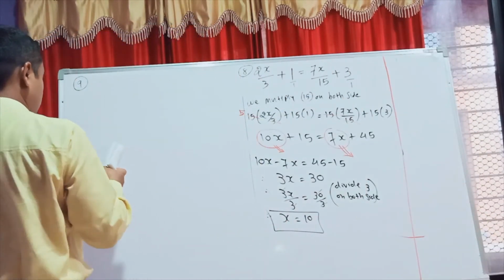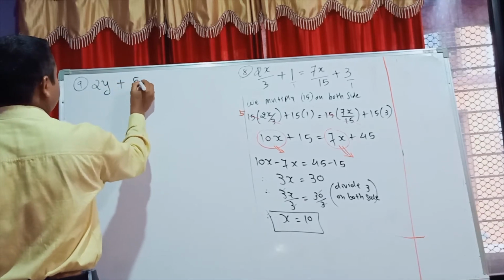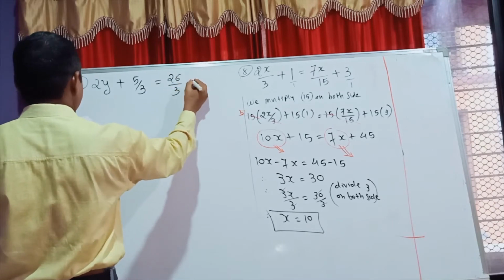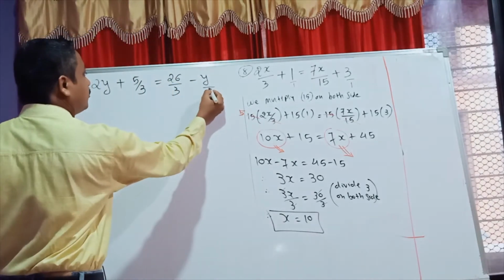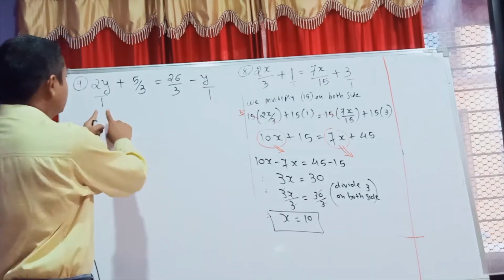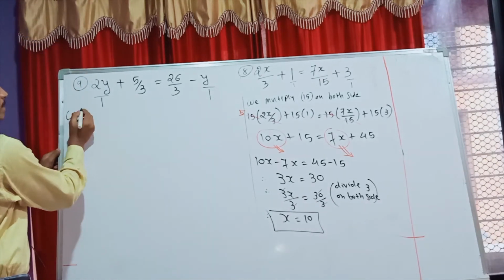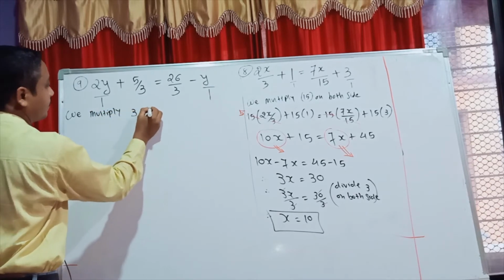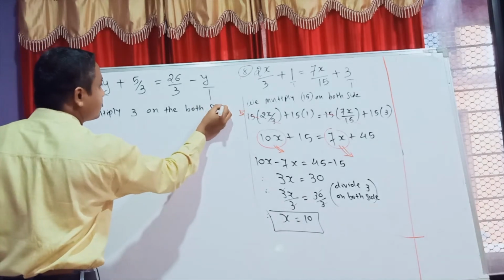9 is that 2y plus 5 by 3 is equal to 26 by 3 minus y. Students, here also check here 1, here 1, and take out your LCM of 1, 3, 3 and 1. So we multiply 3 on both sides.